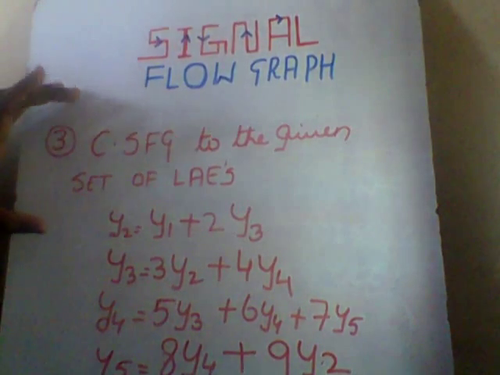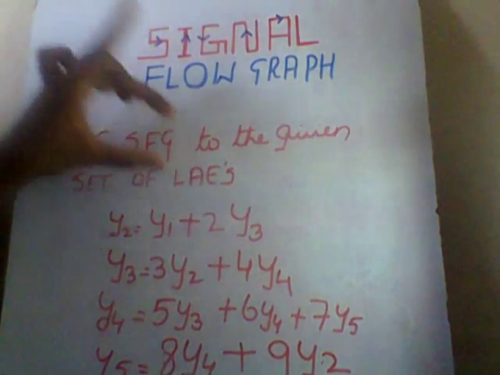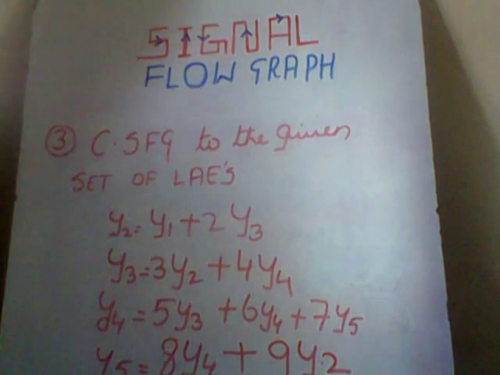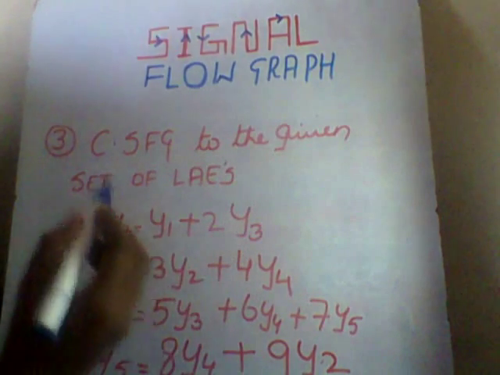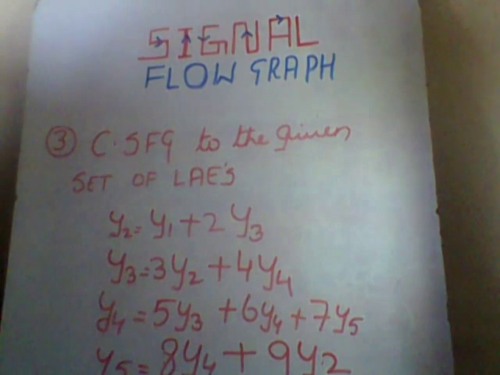So construct the signal flow graph to the given set of linear algebraic equations; the four algebraic equations are given below. Try to solve the question. As I said earlier, we have to consider the definition of signal flow graph in order to solve this problem.